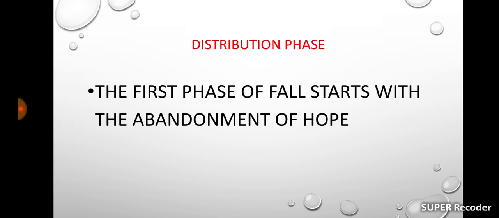Like accumulation phase, the distribution phase can be difficult to identify in its early stages, but in the middle to later stages of the distribution phase, we can see price starts to fall, and more investors are anticipating weakness and they will sell their stocks.